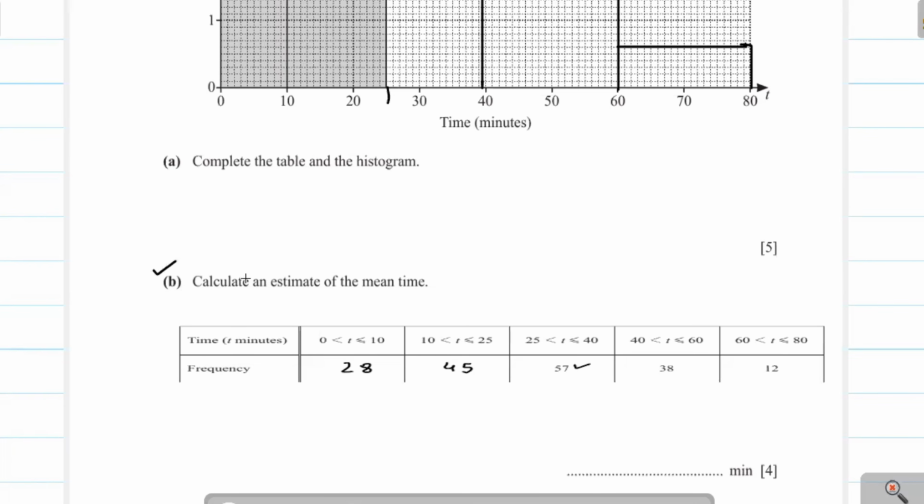Part B: calculate an estimate of the mean time. Now the formula of the mean is equal to the sum of values divided by the total number of values.